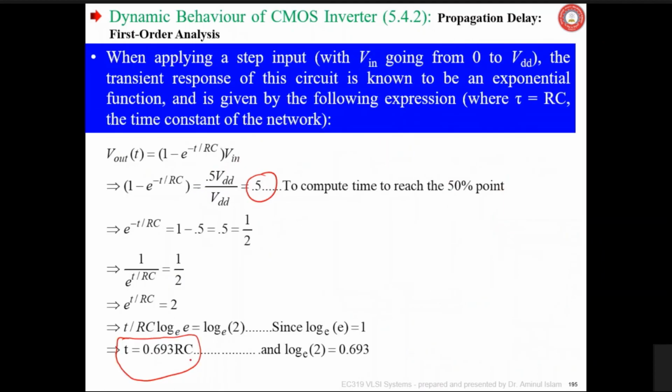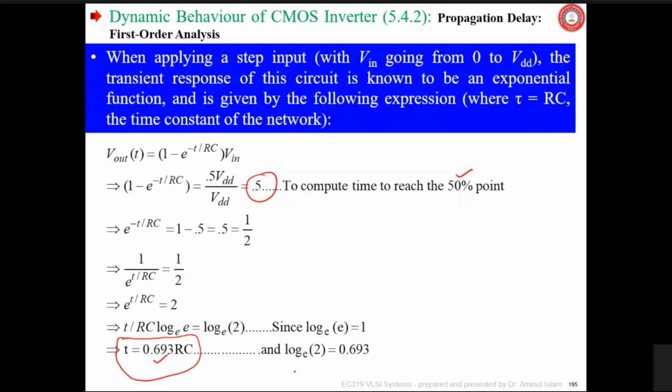Similarly, if you want to see how much time is required for the output to rise to 50%, it is 0.693 RC. Is it understood from this equation?